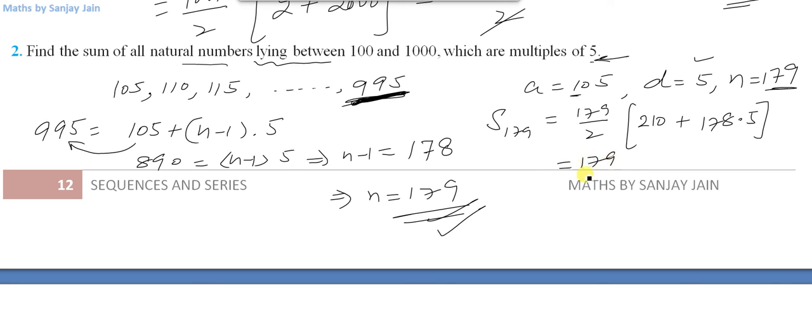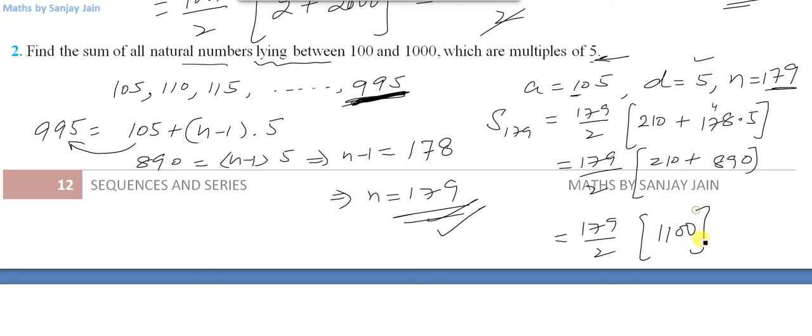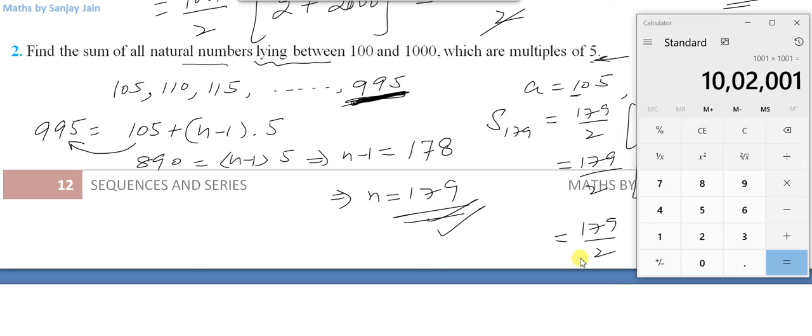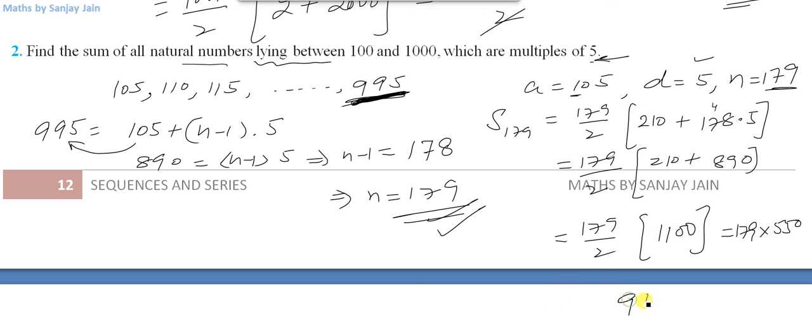This will be equal to 179 by 2 into 210 plus 890, which is 1100. So this is 179 into 550, which will be equal to 98450. This will be your answer.